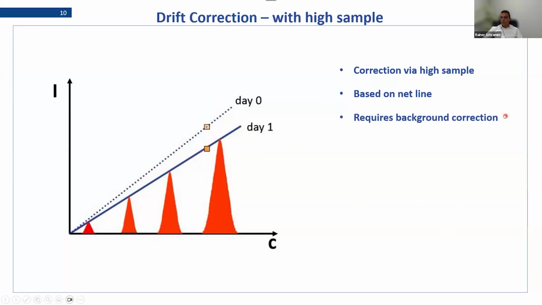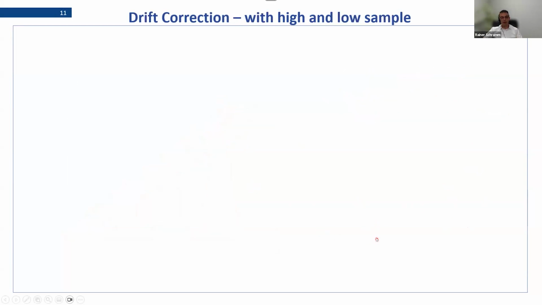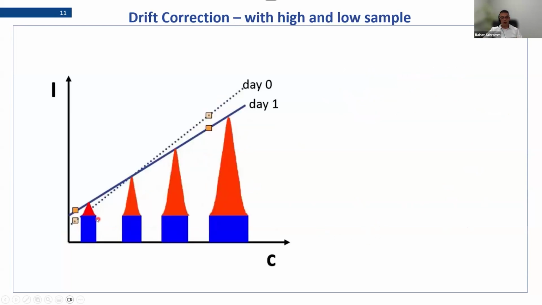But in wavelength dispersive, you could also use gross lines. And then, of course, we need a different strategy, and this is shown here. When the background changes differently than the lines, and you do not do any background subtraction in your measurements, then you still need a high sample to correct for your sensitivity, and you need a low sample for the background additionally.